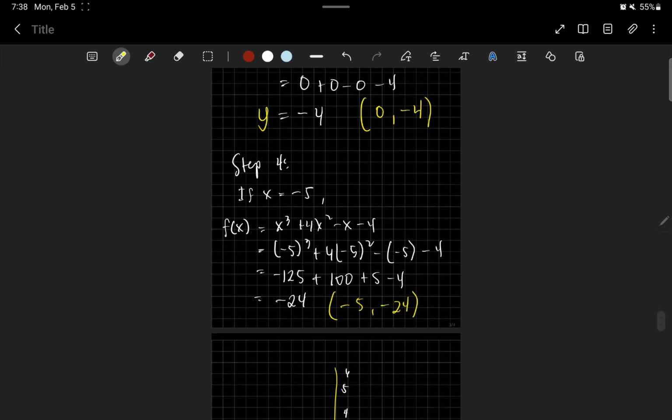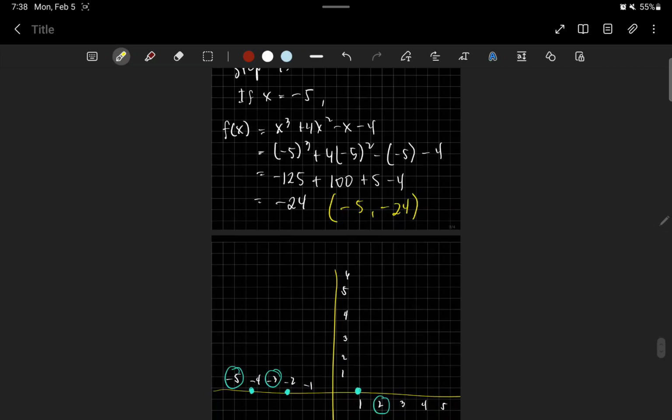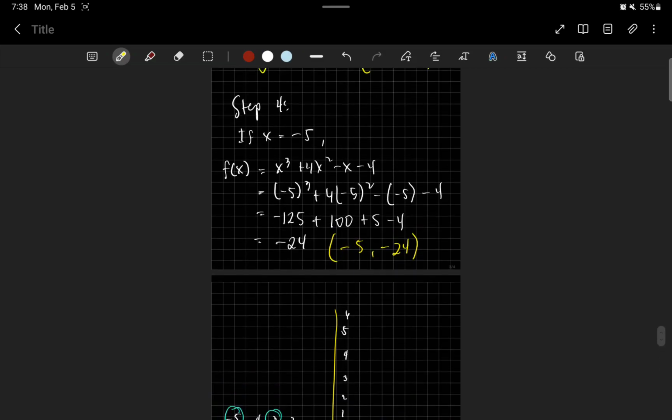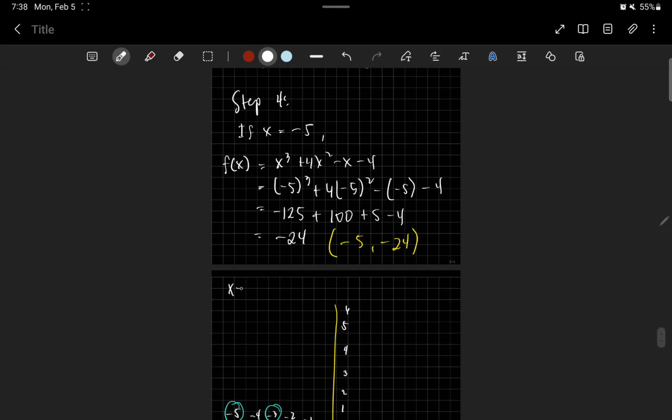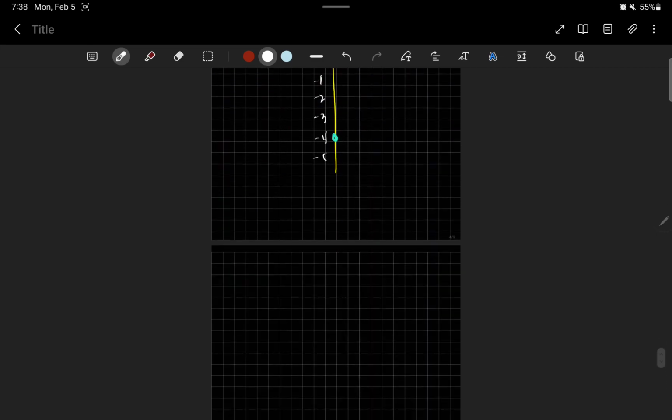We will plot it later. Let's just get the ordered pairs first. Next, if x is -3, what will be the value of y? So we just substitute. If x is equal to -3, our f of x is equal to x cubed plus 4x squared minus x minus 4.